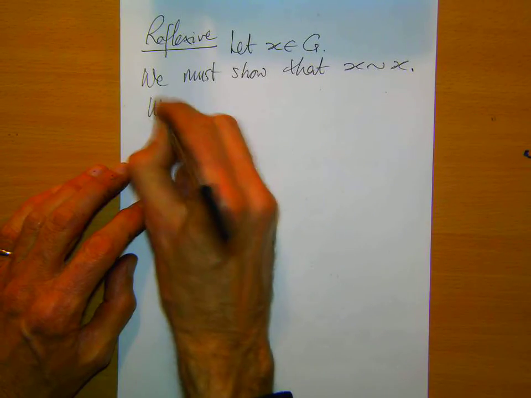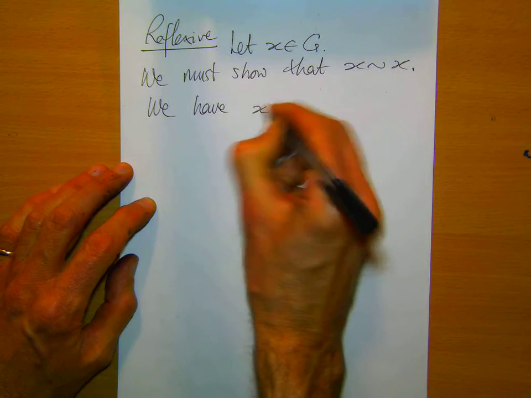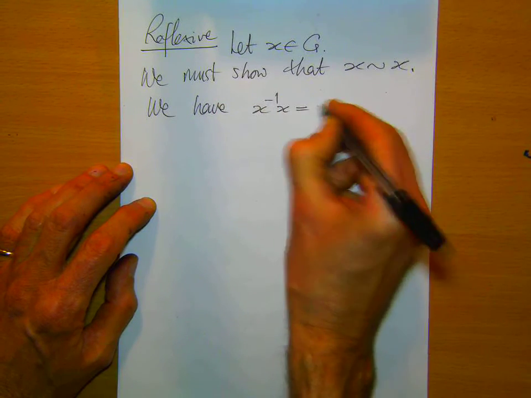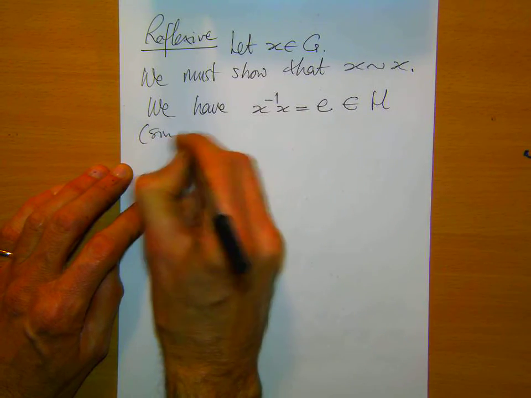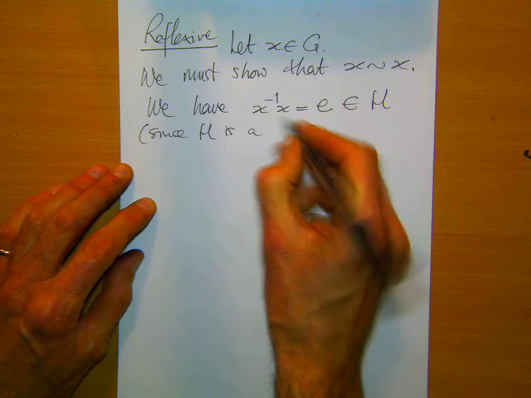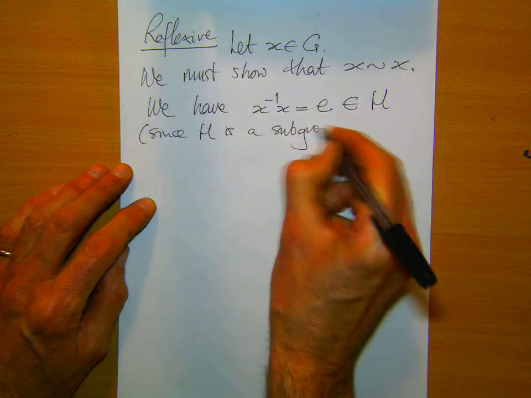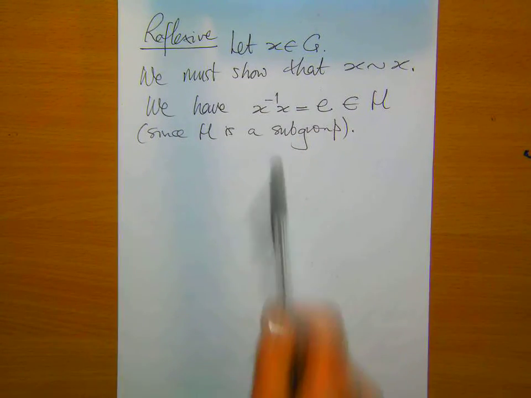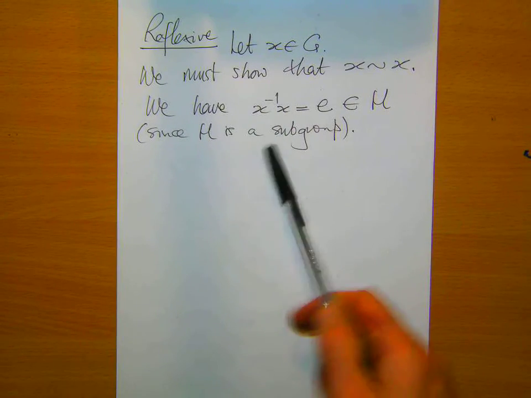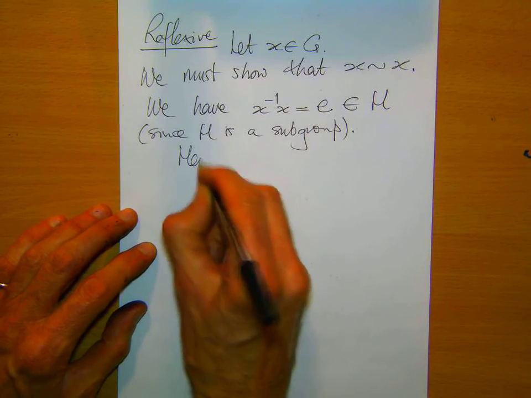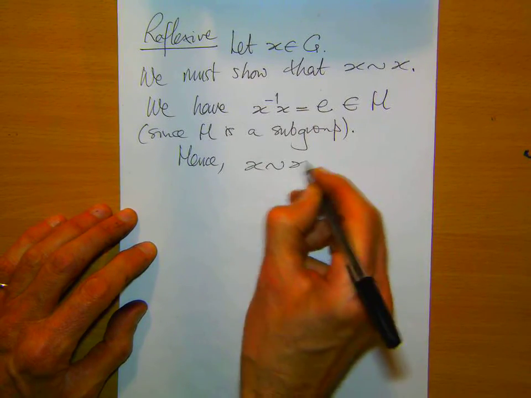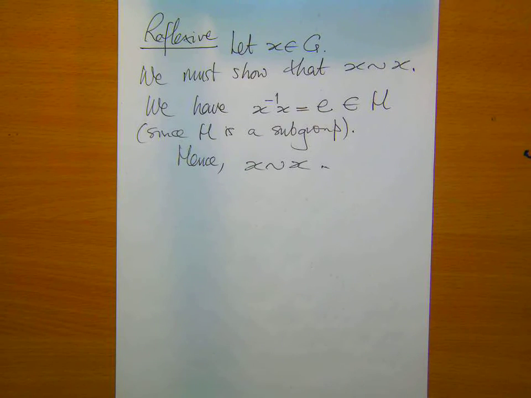So we have x inverse x is the identity, which is in H, since H is a subgroup. We're going to be using the fact H is a subgroup each time. Okay, so x inverse x, which is the combination I'm interested in, is the identity, and that does indeed live in H. So hence, x is related to itself. Is that okay?